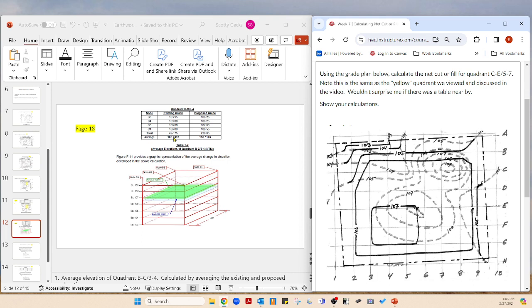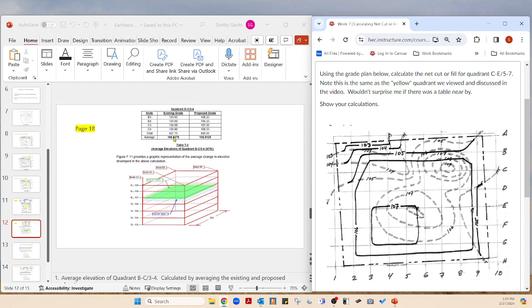Well, I can't read it. 106.375, and this is 104.51. So this is 106.37. This is 105.5. So if I took the existing grade and subtracted the proposed grade from it, I would get, let's see.